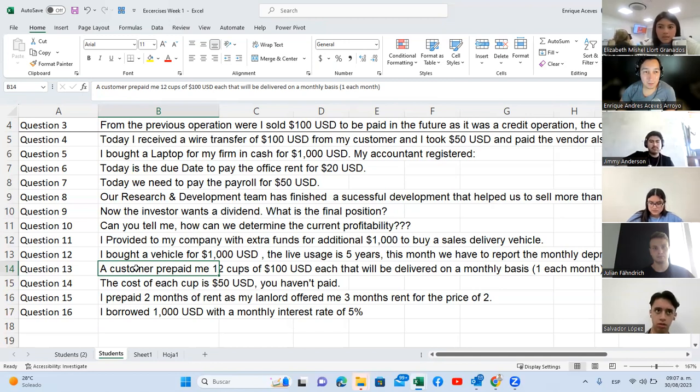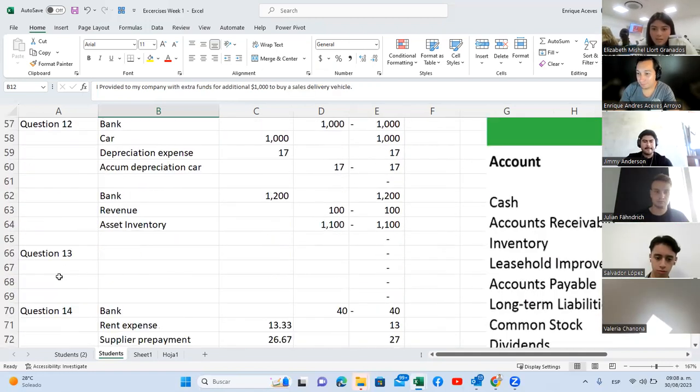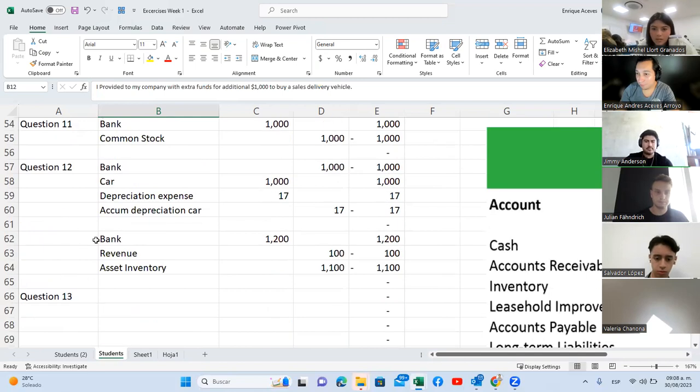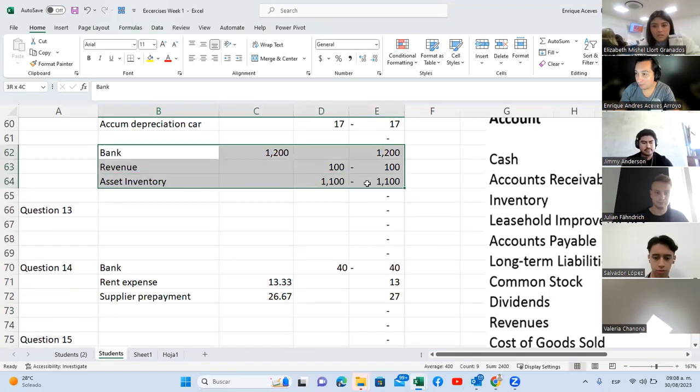Asset, liability, equity, income, cost or expense. Liability. Venga. Esto no lo tenemos registrado. Lo vamos a registrar.